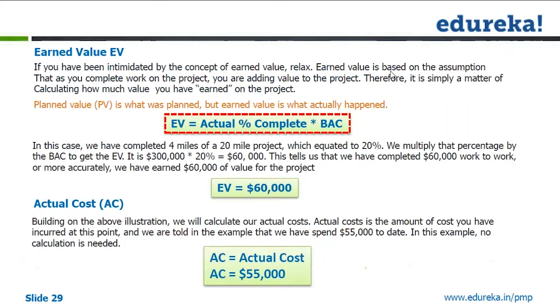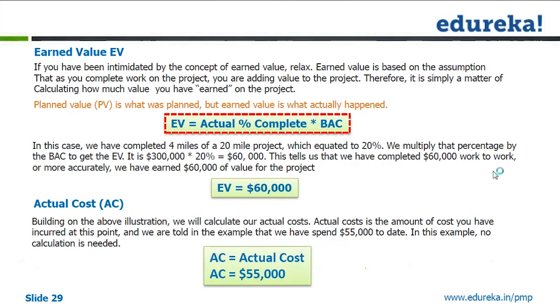So planned value is 75,000. Now what is your earned value? How much have you completed? 4 miles of a 20-mile project, which means 1/5. 1/5 means 20%. So we multiply that percentage by BAC and we get the earned value.